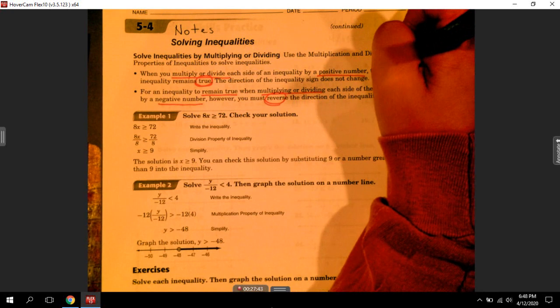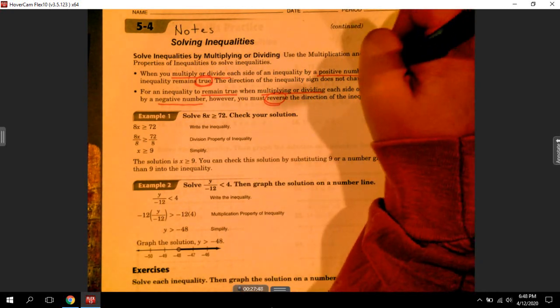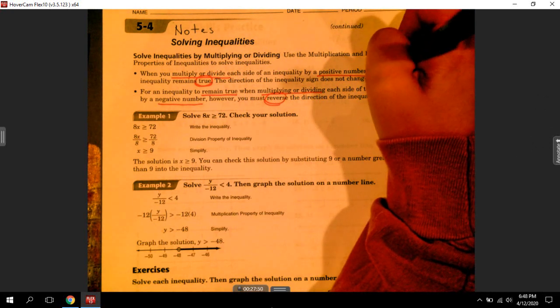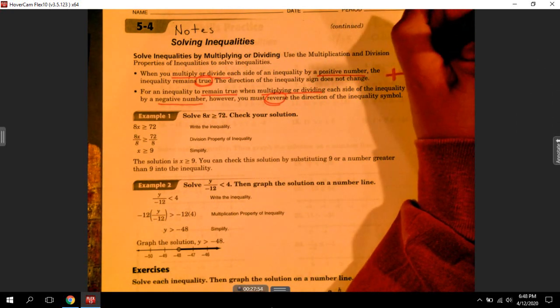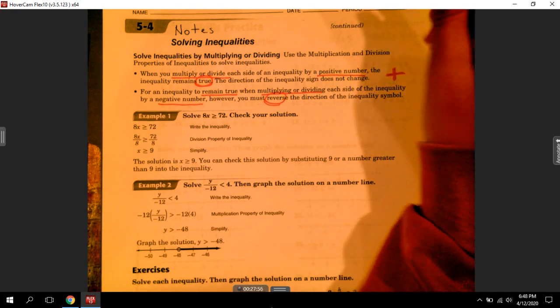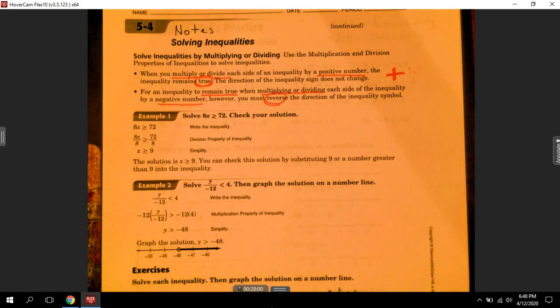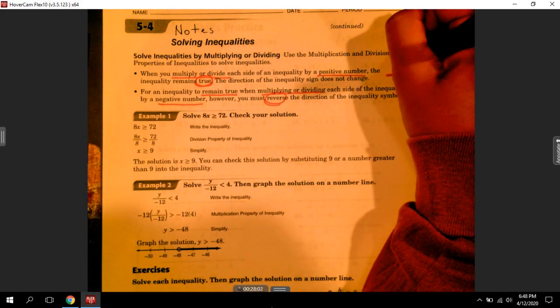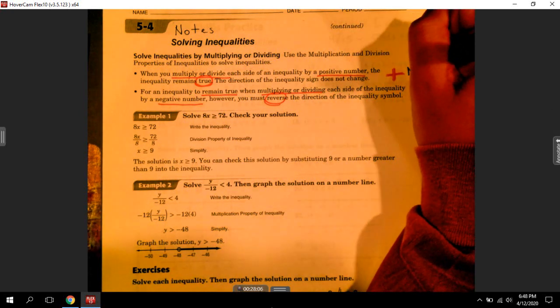So if you're dealing with positive numbers, nothing changes if you are multiplying or dividing by a positive number. So positive number, nothing changes.